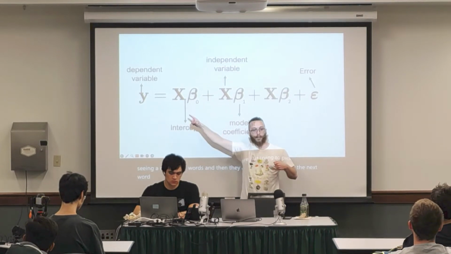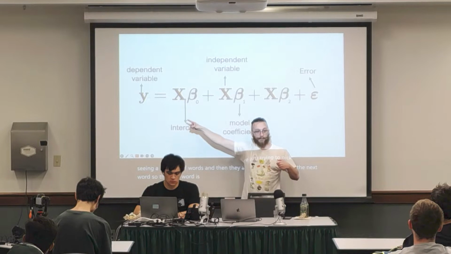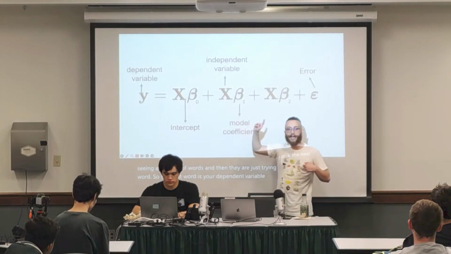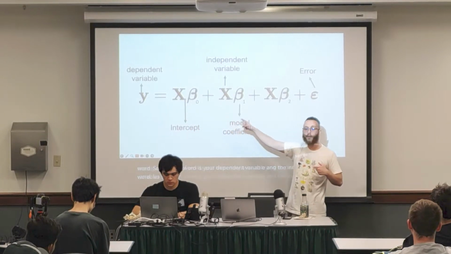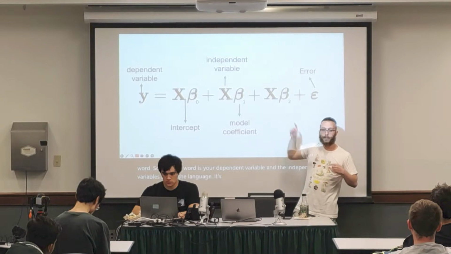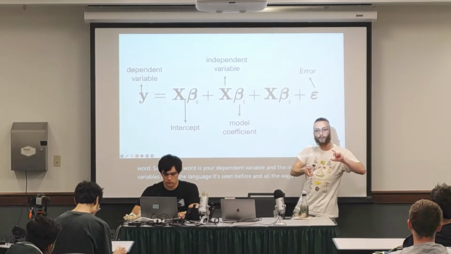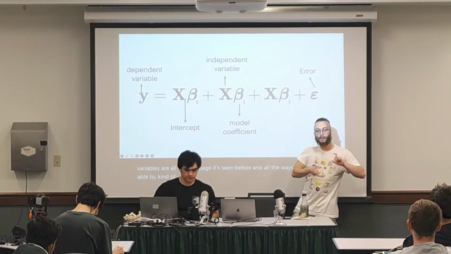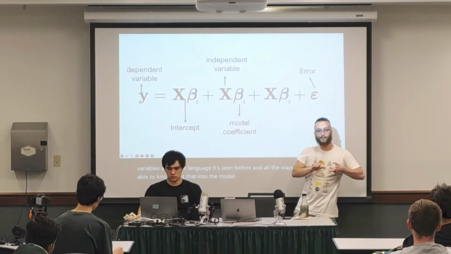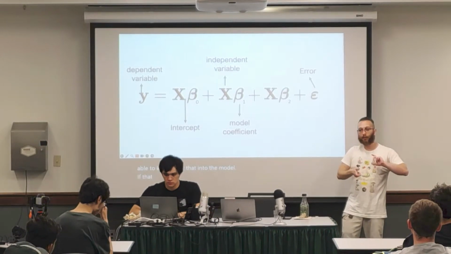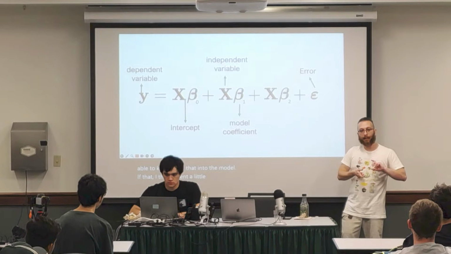So the next word is your dependent variable, and the independent variables are all the language it's seen before and all the ways it's been able to put that into the model. I think I went a little outside the question, but did that help?